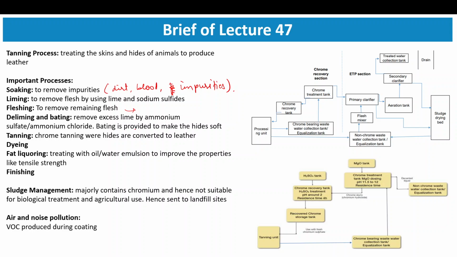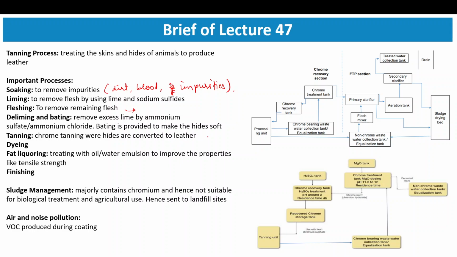And the next treatment that you give to these hides is batting, where you try to make it soft. Now, the tannery industry gets its name from chromium tanning of hides, where the skin gets converted to leather, right? So here a chromium based chemical is used, which results in transformation of this hide to leather.